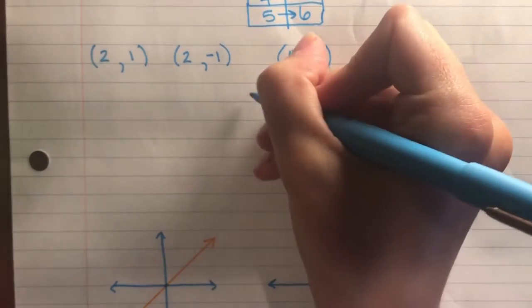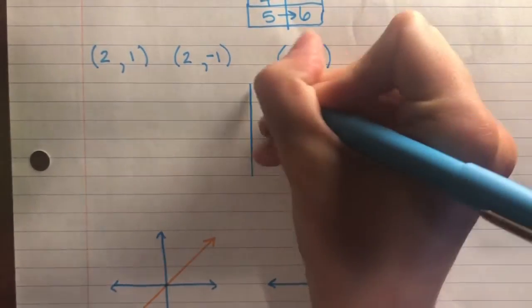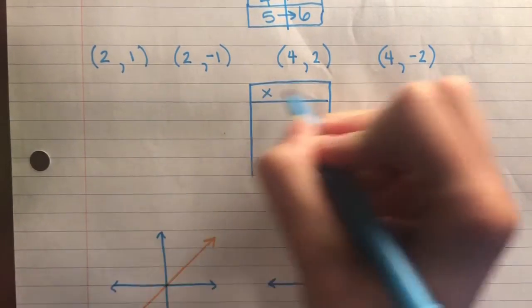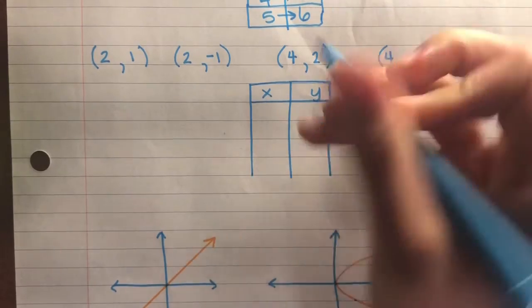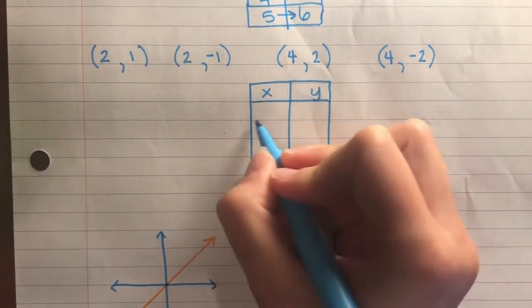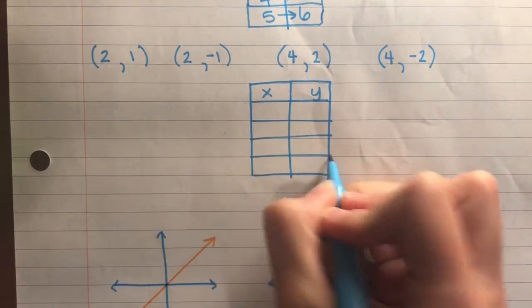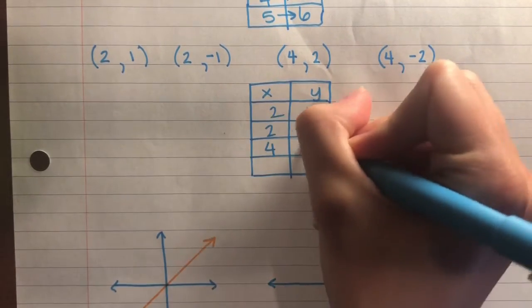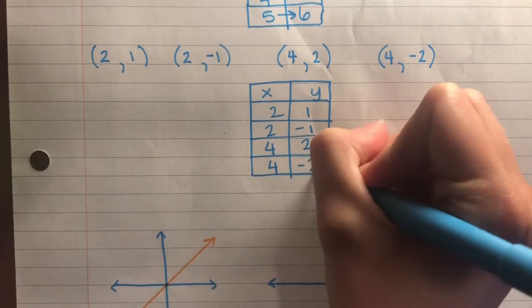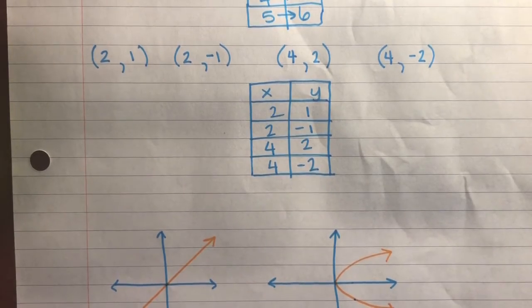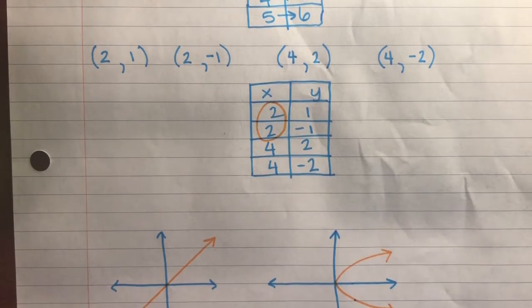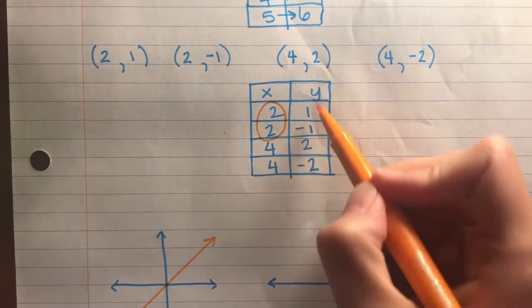Okay, in our next example, we can draw another table. Okay, so notice here, for our input 2, when x is 2, we get two outputs.